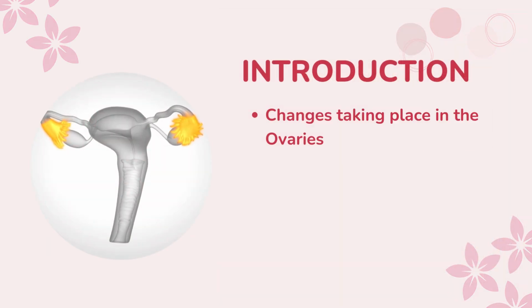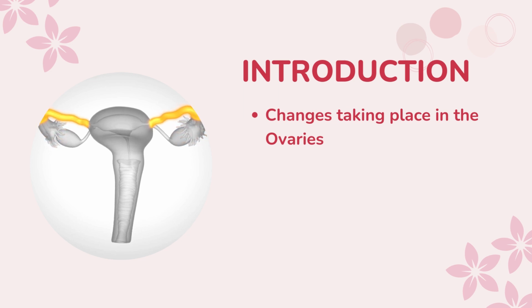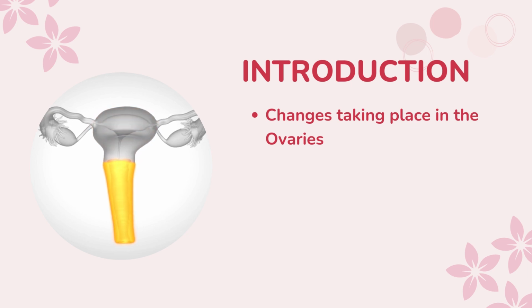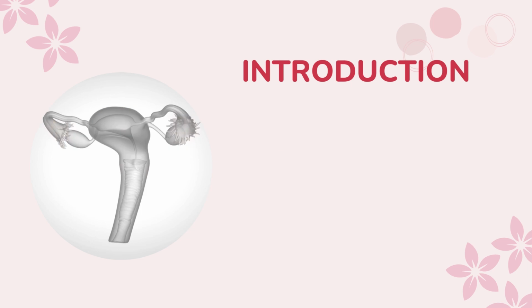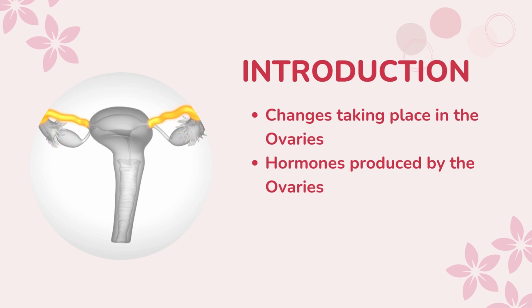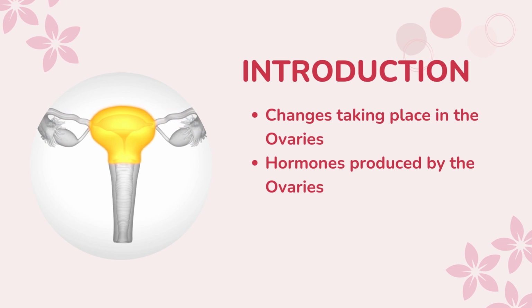In this chapter, through dynamic diagrams, we will explore the changes taking place in the ovaries during the menstrual cycle. You have a front row seat to the action happening inside your body. We will also look at the hormones your ovaries produce as they go through these changes, breaking down exactly how they change from one part of the cycle to the next.